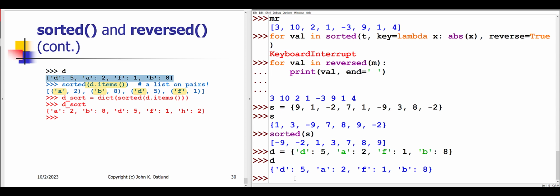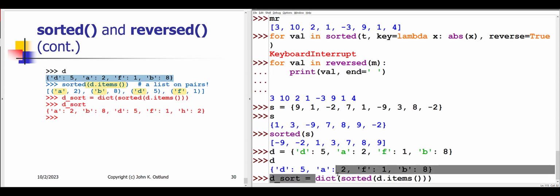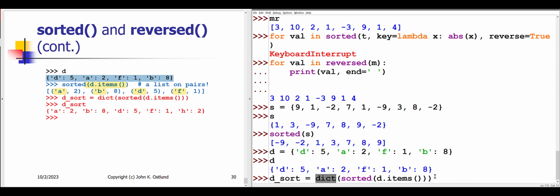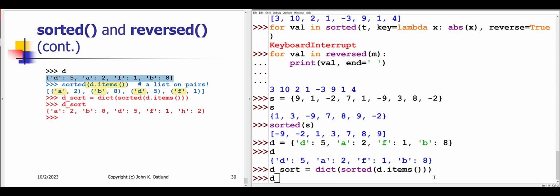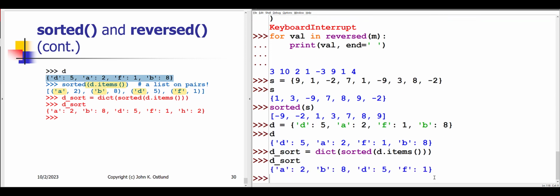Okay, so now if I want a new dictionary that is a sorted copy, sorted by key, of that dictionary, I can say my new dictionary, dsort, is a dictionary constructed from the sorted items from D. D.items is going to be tuples, two tuples specifically, key value pairs, and I can construct a dictionary from an iterable on key value pairs, and so poof, dsort does have the same contents as D, but sorted by key.